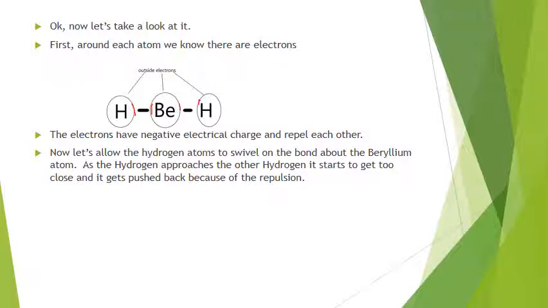Now, we have this initial structure, but we have to think about this three-dimensionally, so we're going to allow a pivot point around the atoms. We're going to allow the atoms to swivel any way they want, as long as they stay attached on a straight line.